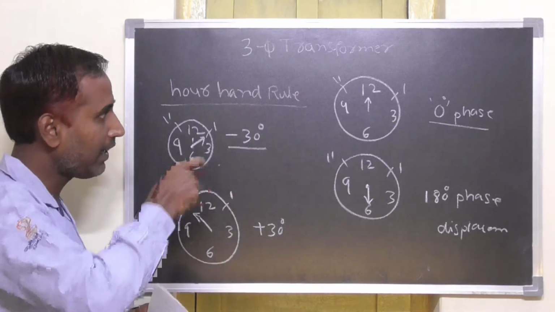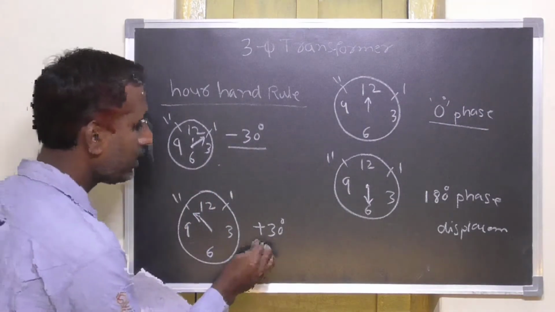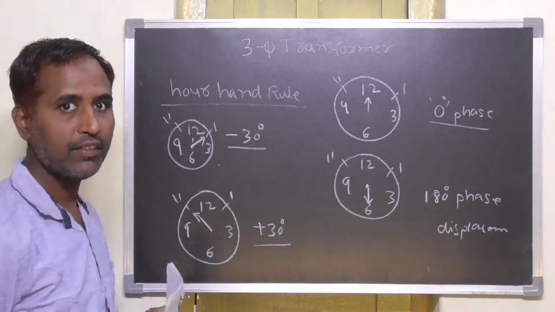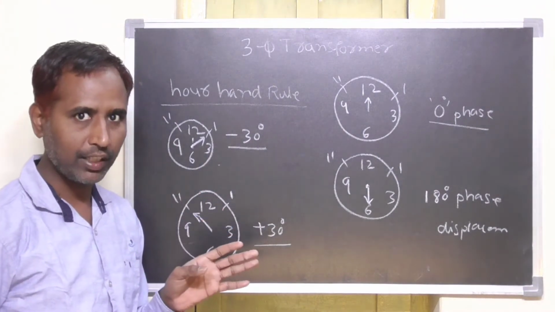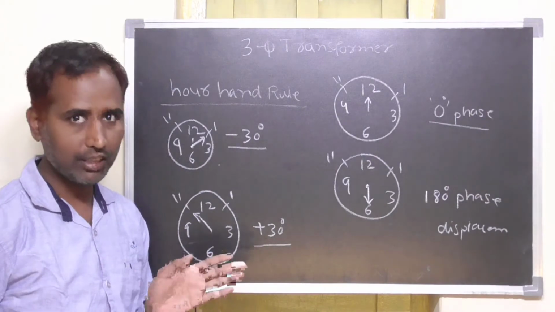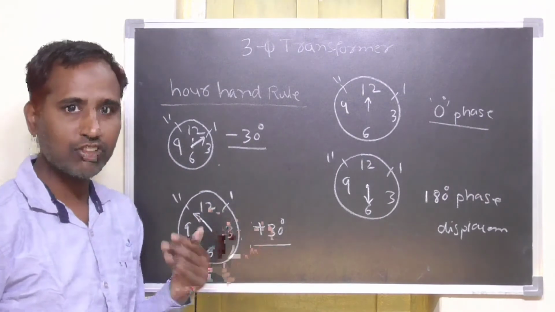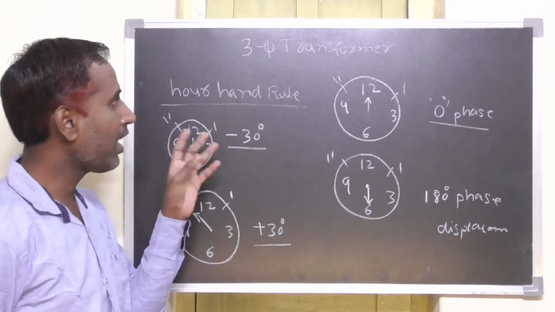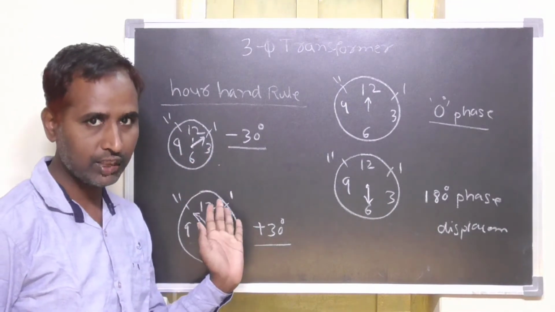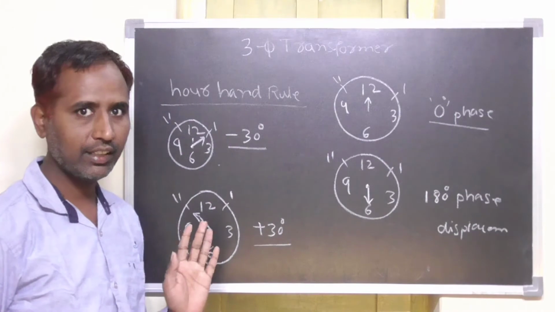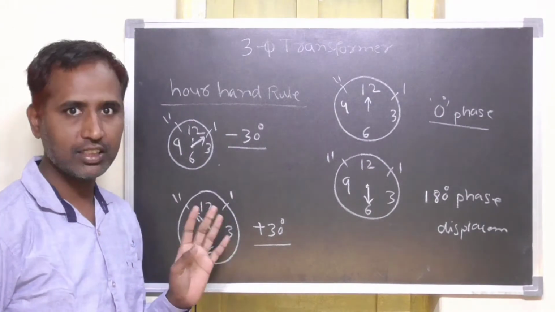When the clock is anti-clockwise, the reading is plus. Only for knowledge I am covering this topic, in our NIMI syllabus this topic is there. With the help of hour hand rule, we can find out the phase displacement between the high voltage winding and low voltage winding. This is completed.